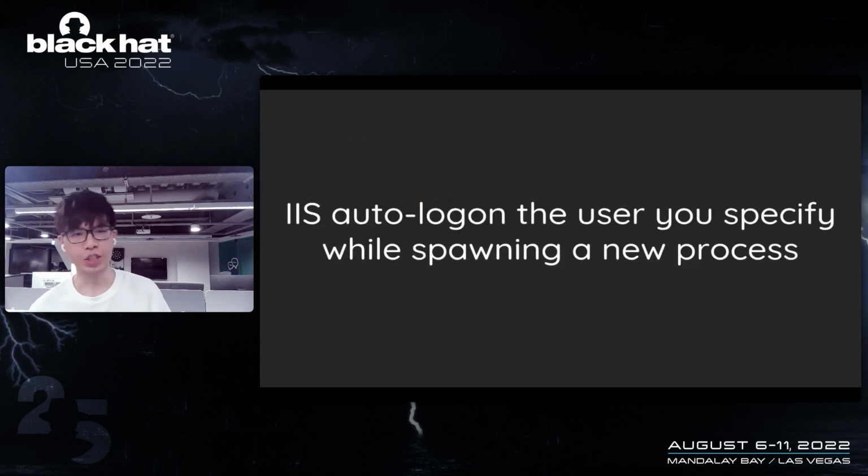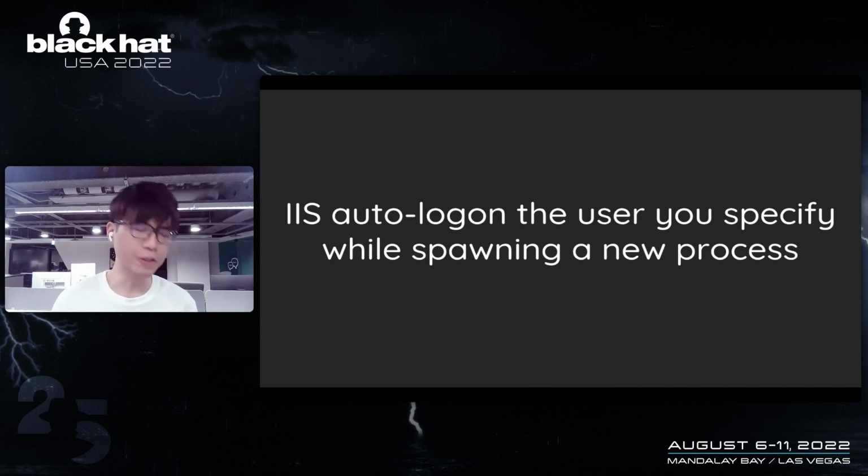So under this feature, IIS will auto login as the user you specify while spawning the new process. This token will also be cached. That means we can reuse the customer's identity and no longer need to wait for user interaction. In this case, we have regained the initiative.